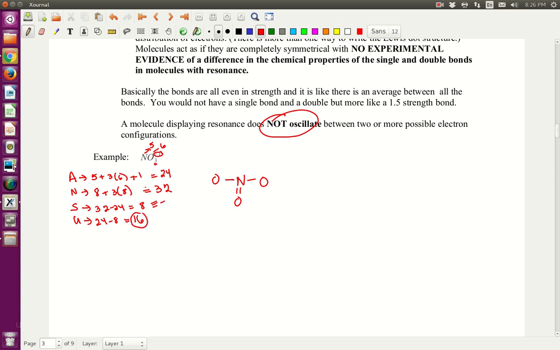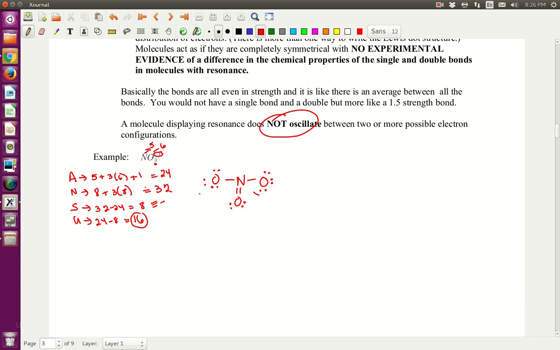Well, nitrogen, see, it's got its octet. 2, 4, 6, 8. Every line is 2 electrons. But this oxygen only has 2, so we need to put 1, 2, 3, 4, 5, 6, because we have 16 to go. 2, 4, 6, 8, 10, 12. All right, now both of these oxygens have their 8. 2, 4, 6, 8, 2, 4, 6, 8. This oxygen, though, only has 2, 4, so it needs 4 more.